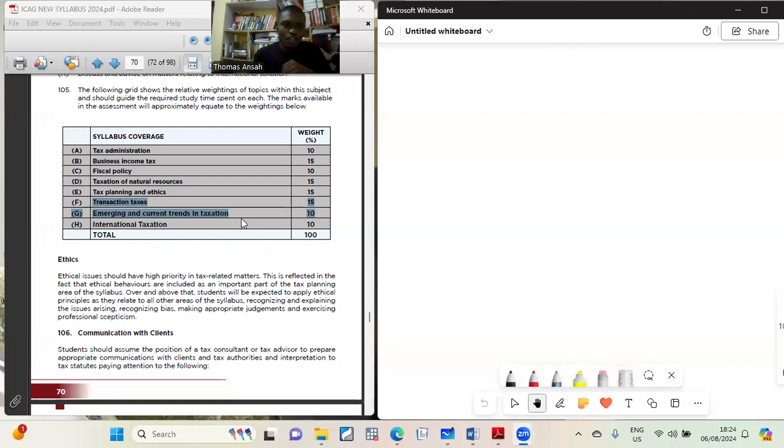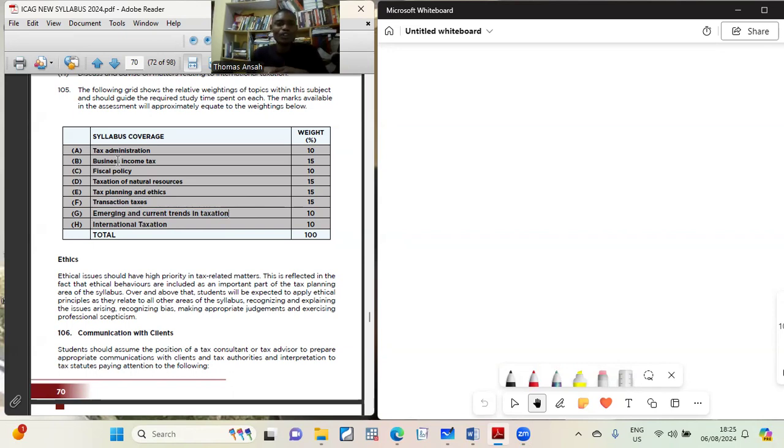And after that, we will look at some emerging trends in taxation. That is a purely discursive-based concept. Then later on, we will be looking at international taxation. All right, so this is the outlook of your syllabus, and that is what we are going to take a look to discuss. One thing about a taxation exam is that tax is a law paper.